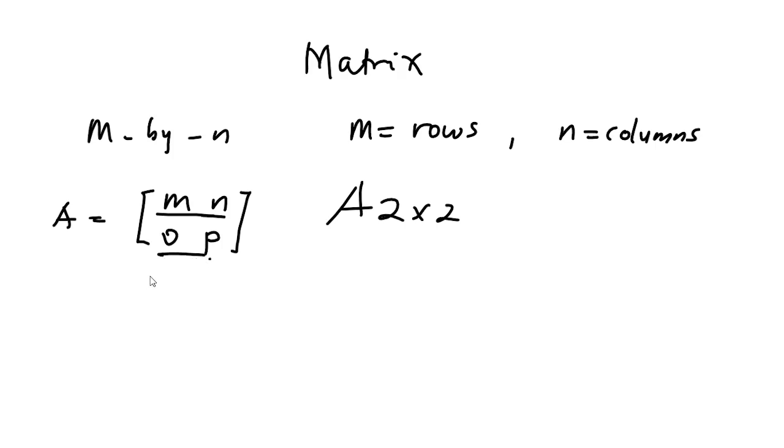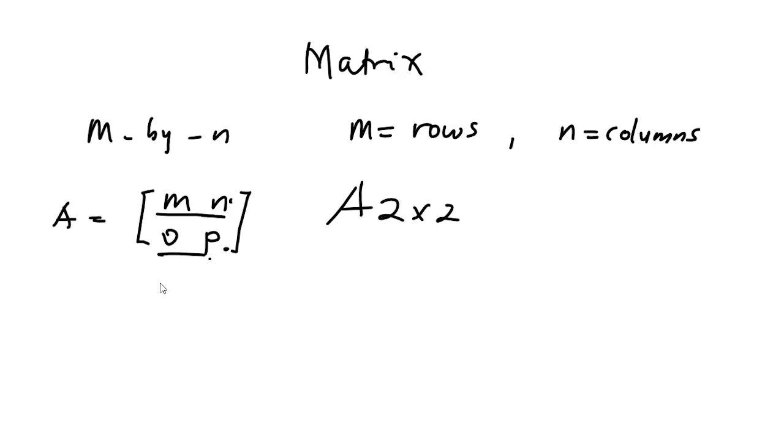Then the first column has elements m and o. This is the row, and the vertical one is a column. The second column has elements n and p. Yes, we can also have a 2 by 3 matrix, a 3 by 2 matrix, or many others.